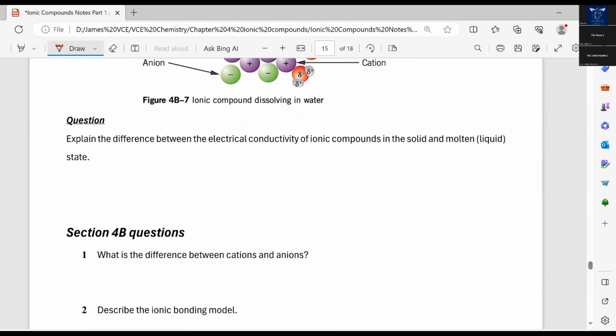This particular question asks you to explain the difference between the electrical conductivity of an ionic compound in the solid and molten liquid states.